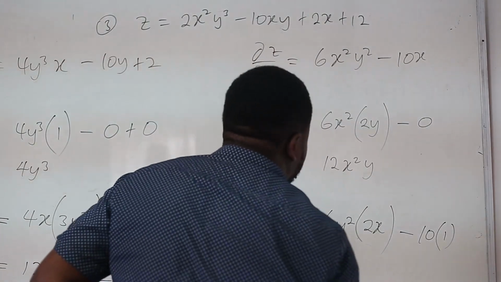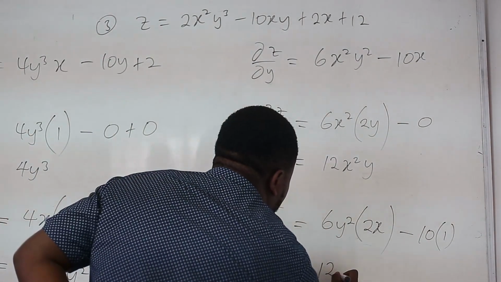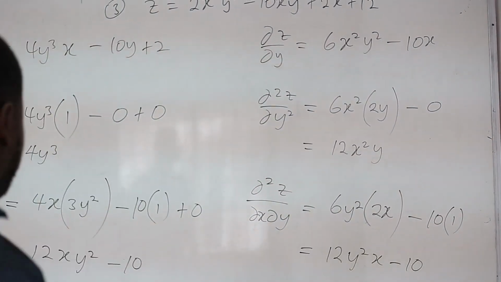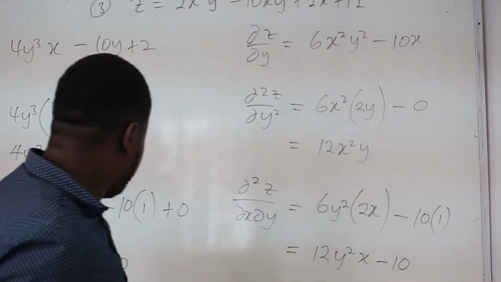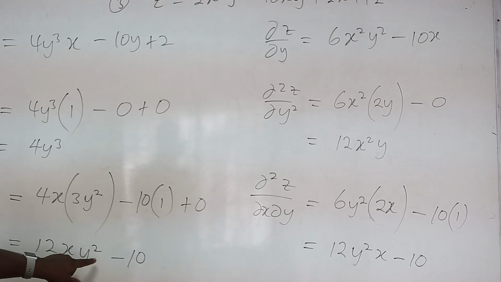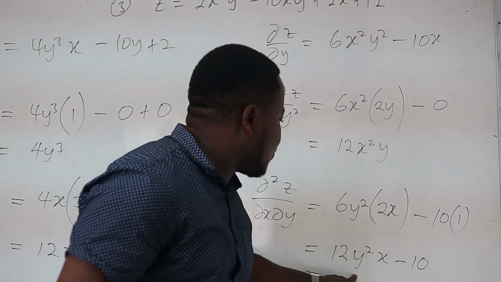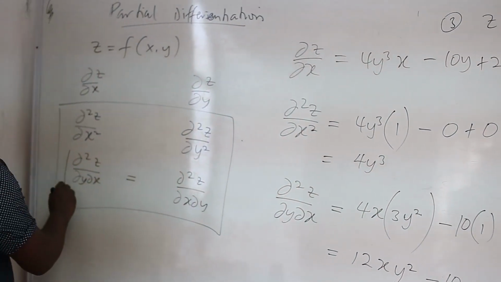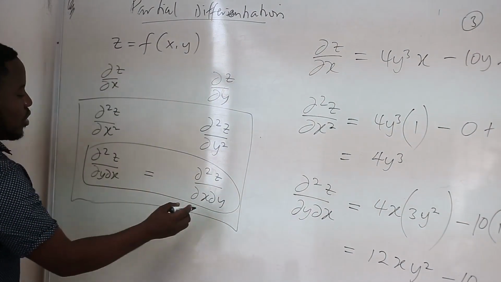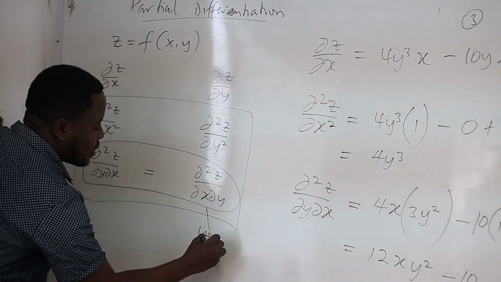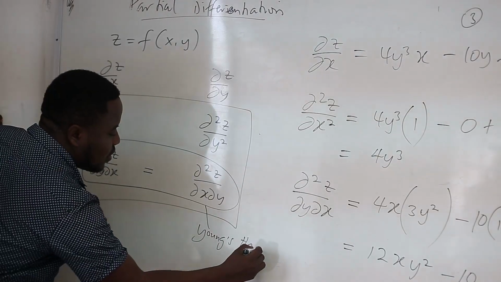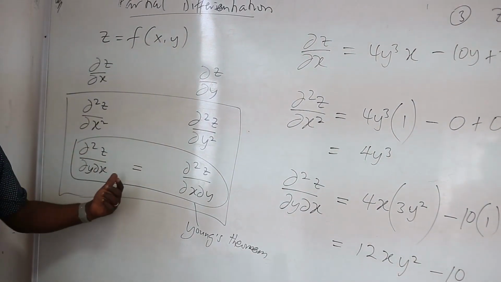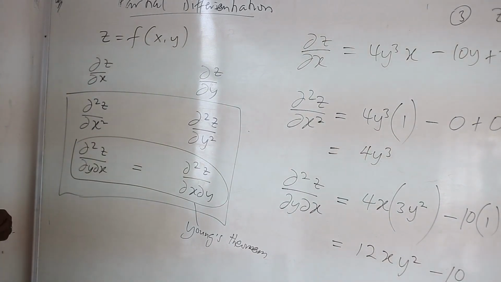So if we simplify this, we have 12 y squared s minus 10. And this is the same as this. So we have 12s y squared, multiplication is commutative. So this is the same as this, which confirms Young's theorem, which says that the cross partial derivative functions are equal.